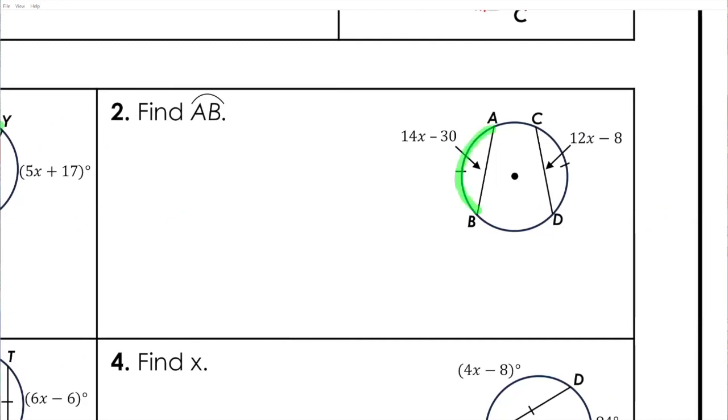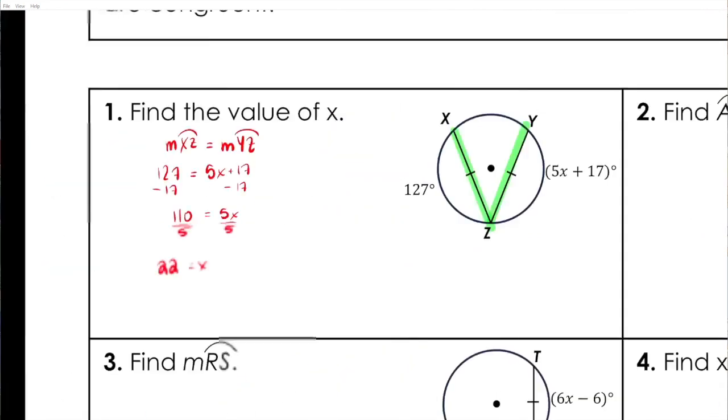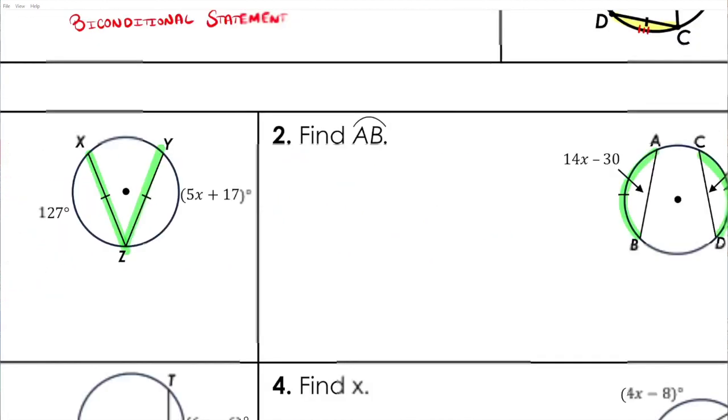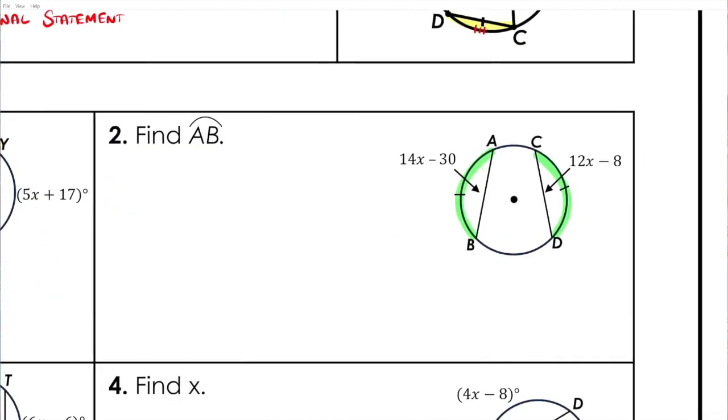So this time they told us the arc was congruent, but they want us to find the length of the chords. Since our theorem is biconditional, we can use it to say, like on number 1, the chords made the arcs equal, or we can use it the other direction to say the arcs make our chords equal.